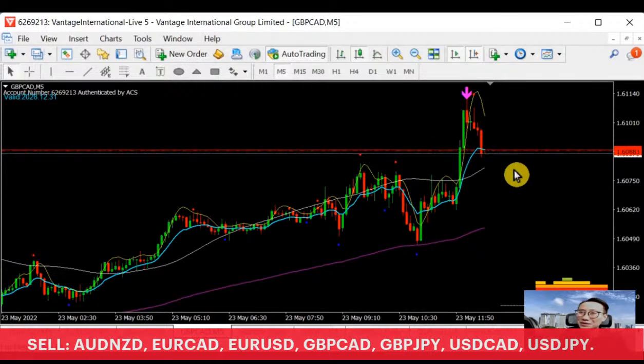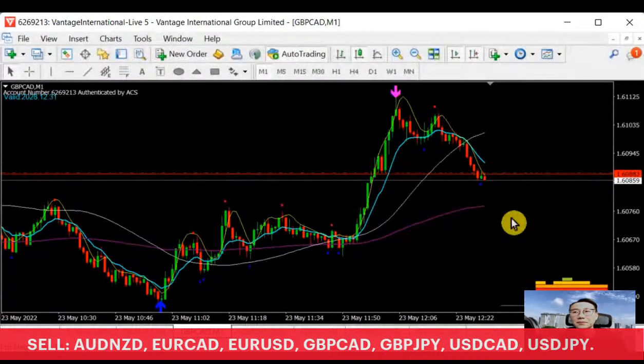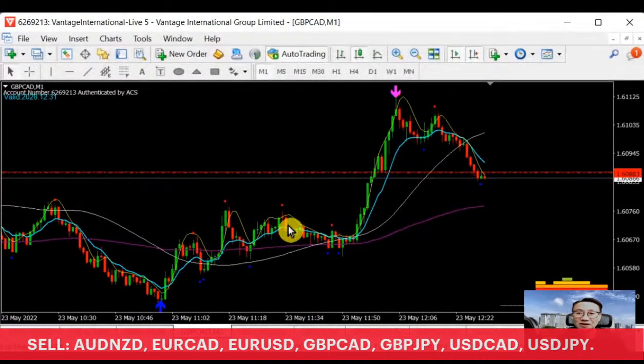So what are we going to wait for? Let's wait for retesting of the resistance without breaking, then we start selling. So after it comes again, we test, go down again, then we start selling. So be very patient.